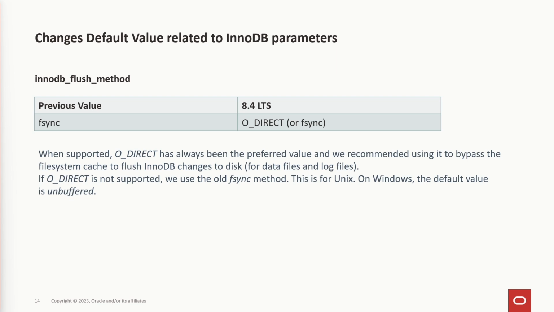Now most systems support O_DIRECT, so that's why we changed the default value. This means we are already caching data in the InnoDB buffer pool, so we don't have to cache it in the system.